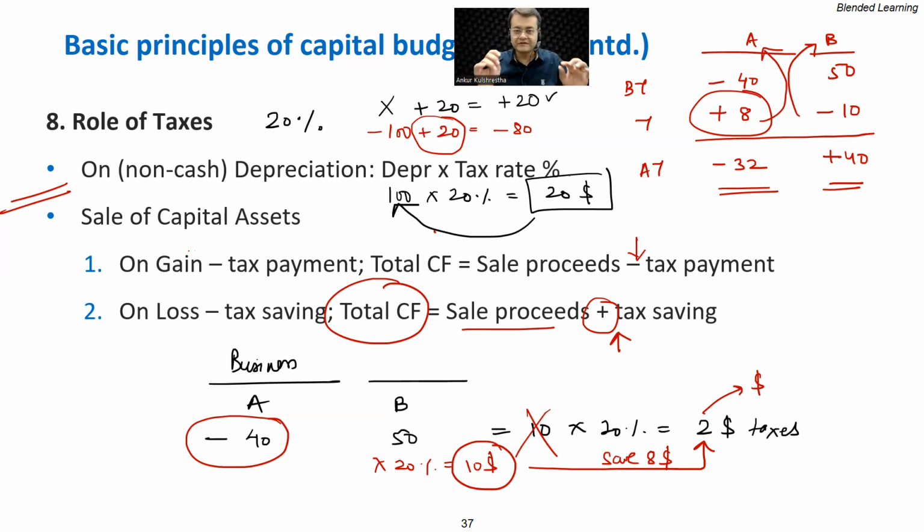All right. Depreciation being a non-cash expense doesn't involve payment of this full 100, only the tax saving. The $20 is what you will save, and therefore the net cash flow that will happen in our life because of depreciation is going to be a tax saving of 20%.